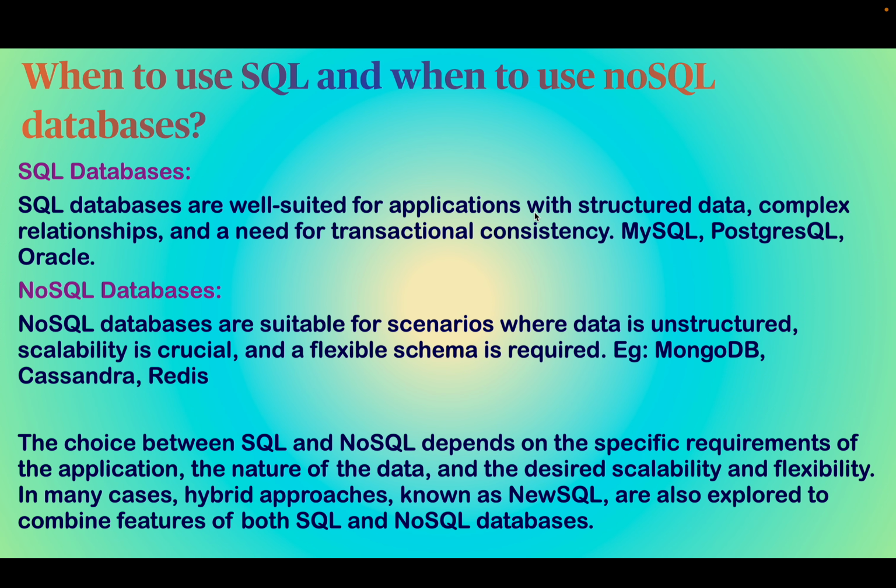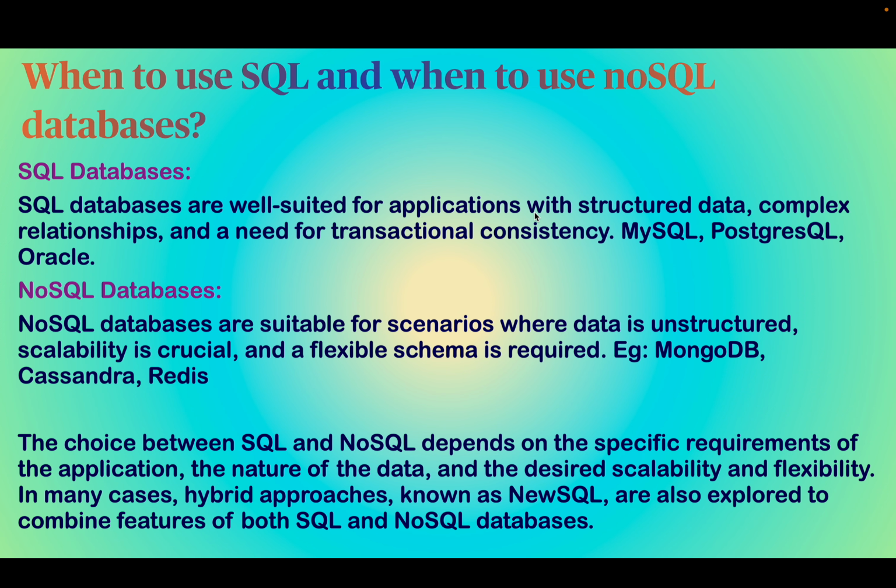This is SQL and NoSQL, but the choice between them depends on the requirements of your application: the nature of data, whether it's structured or not, the desired scalability, how crucial scalability is in your application, and how flexible your data is, whether you need a flexible schema or not.